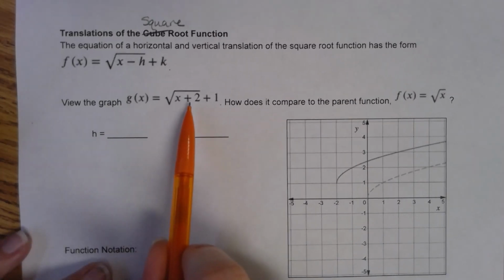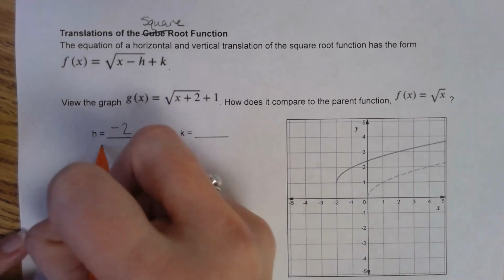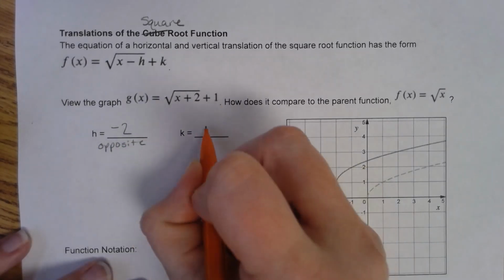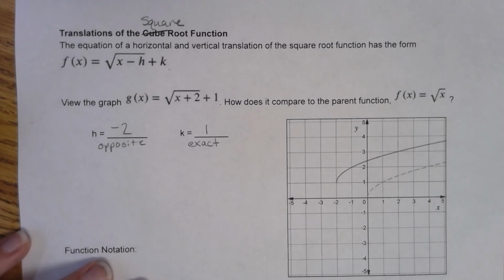Here in our function, our h is going to be a negative 2, writing down the opposite. And our k is going to be a positive 1, writing down the exact value.